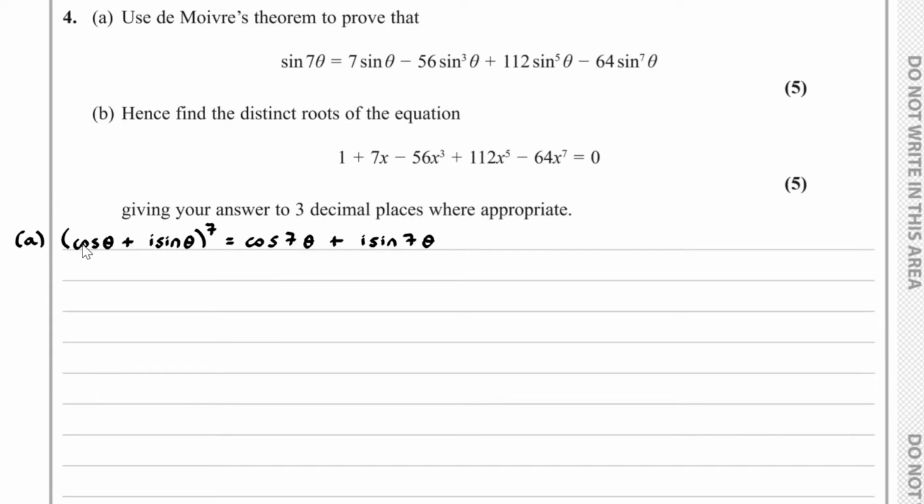And now we need to use the binomial expansion to expand the left hand side, and from that we can compare imaginary parts to find out what sine 7 theta is.